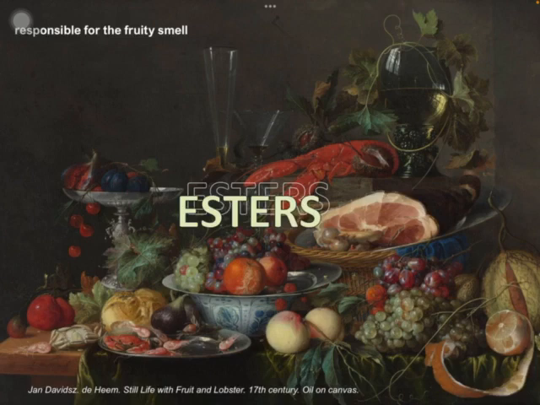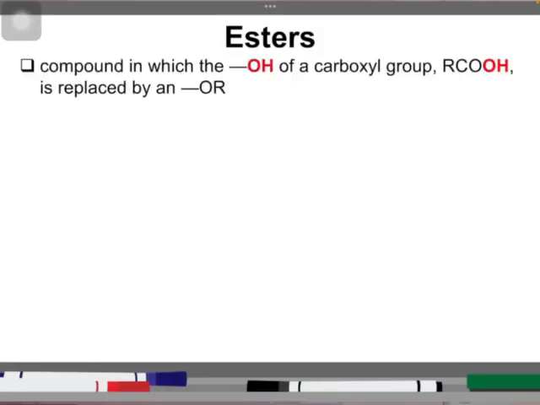Okay, so let's give a definition or description of esters. Esters are compounds in which the OH of the carboxyl group RCOOH is replaced by an OR, di ba? Ang drawing natin ng carboxylic acid ay ganito, C double bond OH.